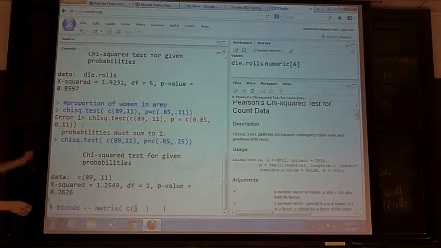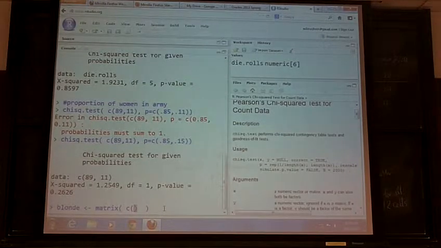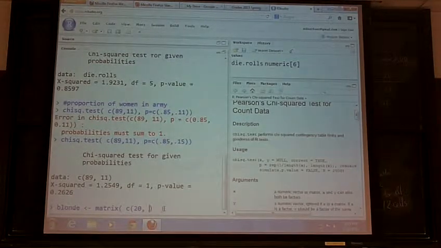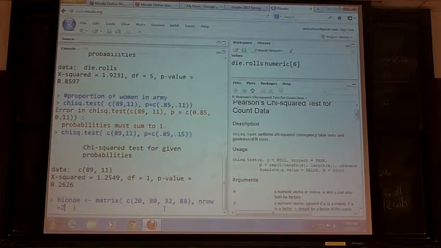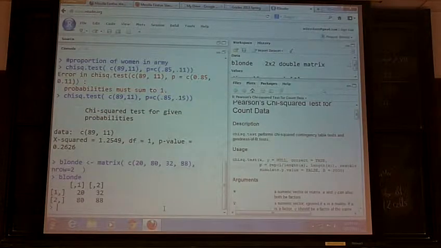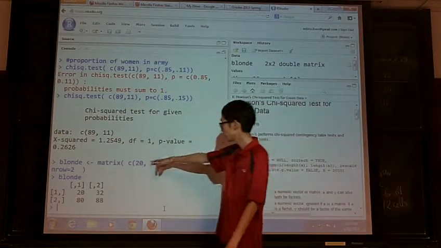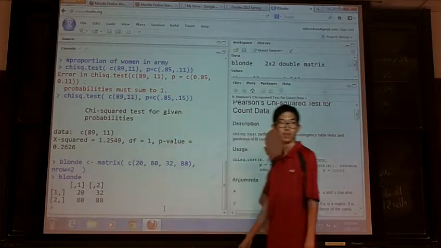So the order of the values is 20, then 80, then 32, and then 88. And then I have to tell R that the number of rows is 2. We can double check that this is what our matrix looks like. I put in the values 20, 80, 32, 88, and it creates the matrix just like this.